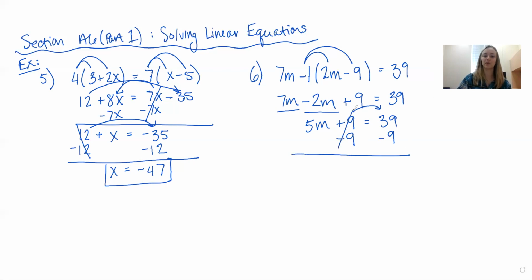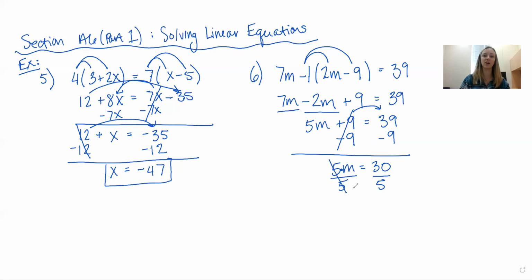So we get 5m equals 30. And now our final step is to get rid of this 5. Since we have 5 times m, we do the opposite and divide. So we divide both sides by 5.